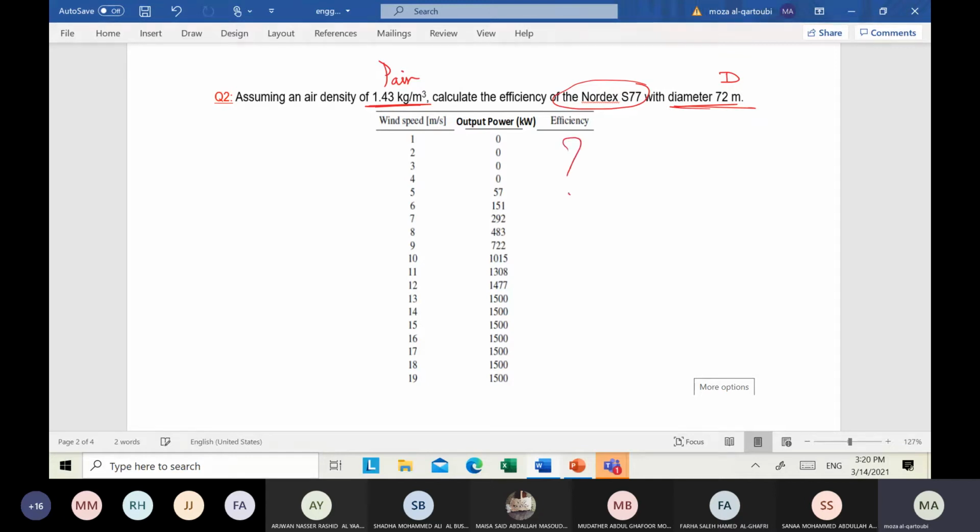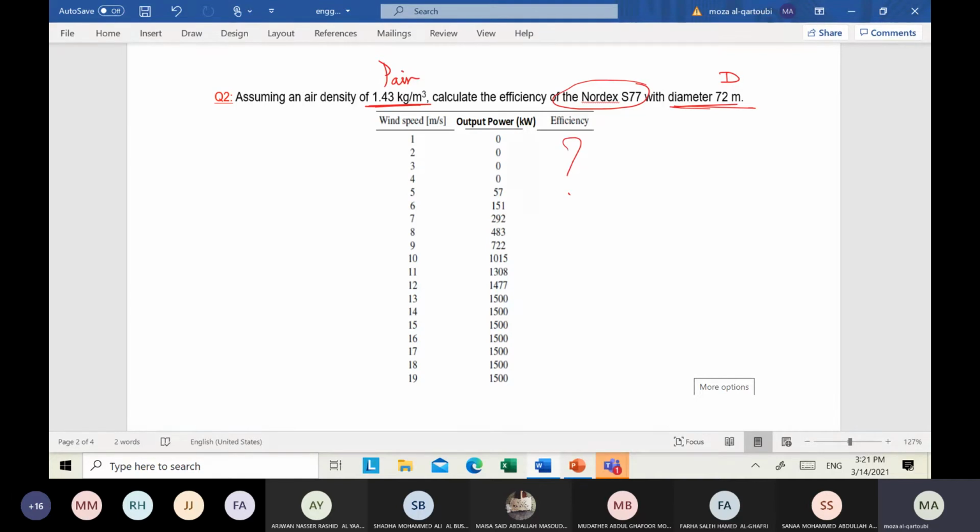We should find efficiency at each value of wind speed, depending also on the output power given in this table. The wind speed starts from 1, every 1 unit, so 1, 2, 3, and so on to the end at 19. So we have 19 values and we need to find efficiency at each point.